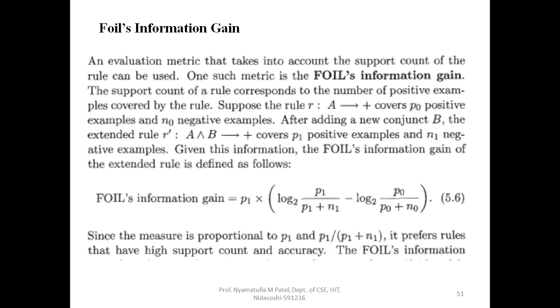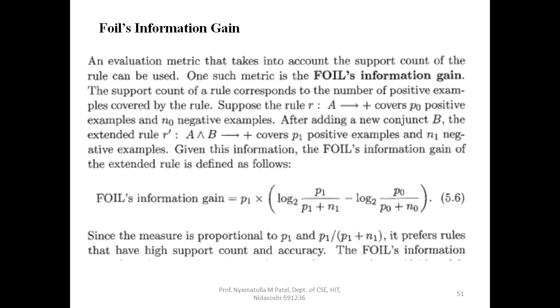Given this information, the Foil's information gain of an extended rule is defined as P1 × (log2(P1/(P1+N1)) − log2(P0/(P0+N0))).